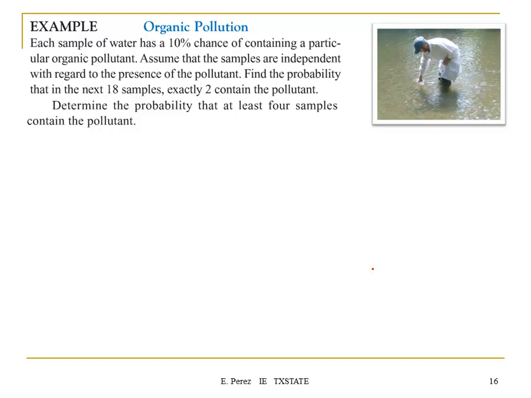I will say this is my success. If I find the pollutant in the next sample, that will be described as a success. Okay? So for this type of problem, you need to define what will be considered a success. Again, if you find a pollutant in the next sample, that will be considered a success.